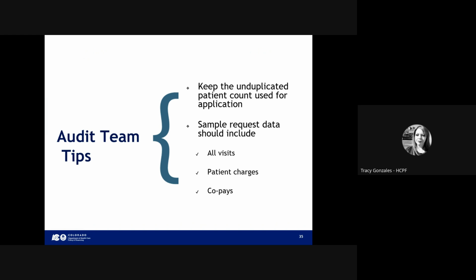That way, if selected for an audit, you can easily pull that data from the folder and hand it over to the audit team. That way you don't have to recreate the wheel, and it does help eliminate a lot of those common errors. They also want to remind you that the sample request should include all visits, all patient charges, as well as their copays.